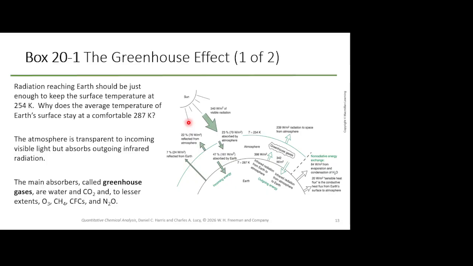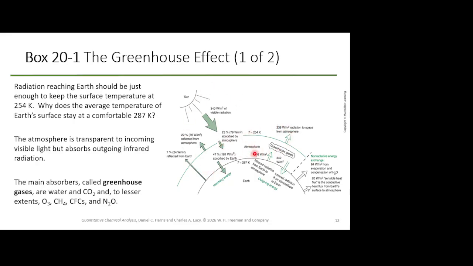Have you guys seen space shots of the Earth? Yeah, right? And you see this corona of light almost, right? That corona of light is stuff being refracted and scattered off. It's not stuff that hit the Earth, right? It's stuff that got scattered.